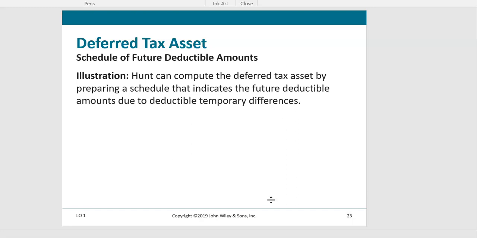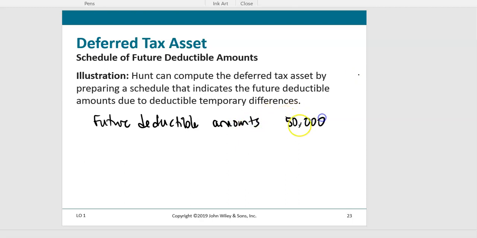Hunt can compute the deferred tax asset by preparing a schedule that indicates the future deductible amounts due to deductible temporary differences. So we can say, what is the future deductible amount? We know that it's going to be the $50,000. We know that next year we're going to be able to take that as a deduction on our taxes, or in other words, our taxable income next year is going to be $50,000 lower than it otherwise would be.